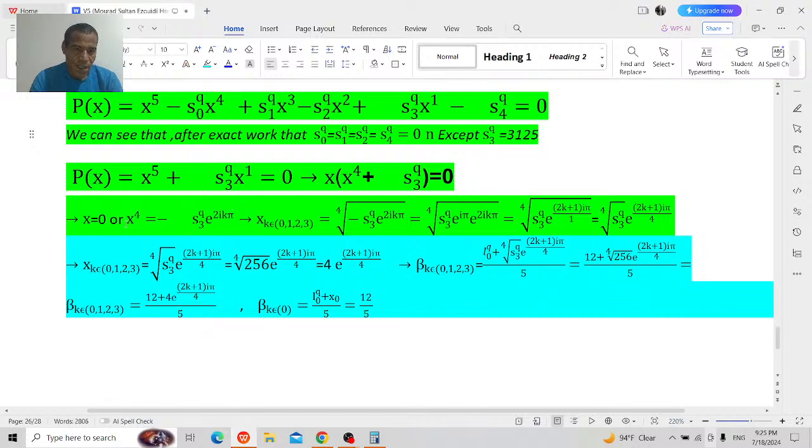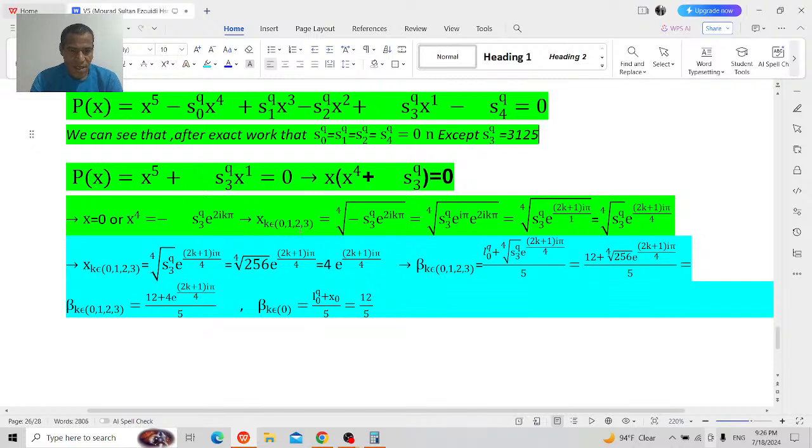Therefore, x equals 0 or x to the 4 equals negative, because this is plus here, and when you transfer this to the right hand side, it will carry a negative sign. Therefore, x to the power 4 equals negative S3 q times exponential 2ik pi.